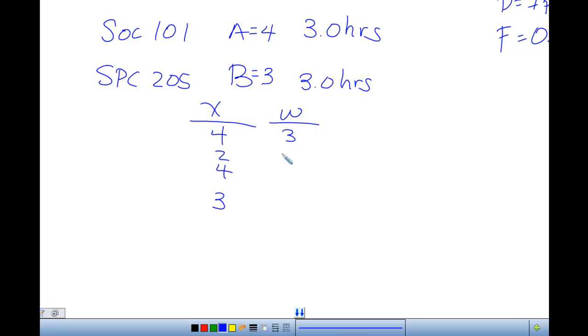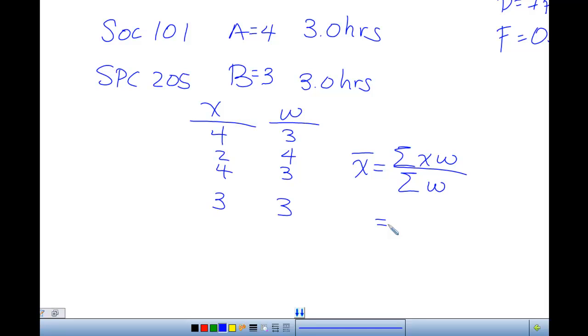Was it 3, 4, 3, and 3? Okay? So our mean is the summation of X times W over the total weight. This is the same thing as that frequency distribution. Instead of weights, we had what? Frequencies. All right, do you see that? So it's really not two different formulas. They're the same formula, just a different application.